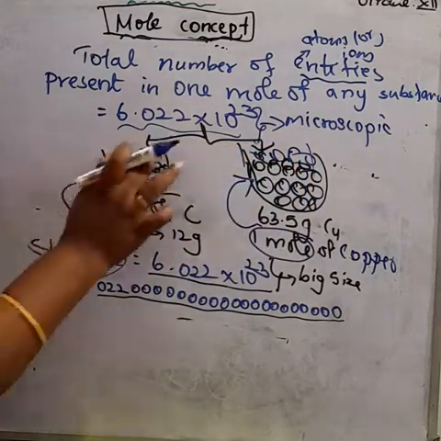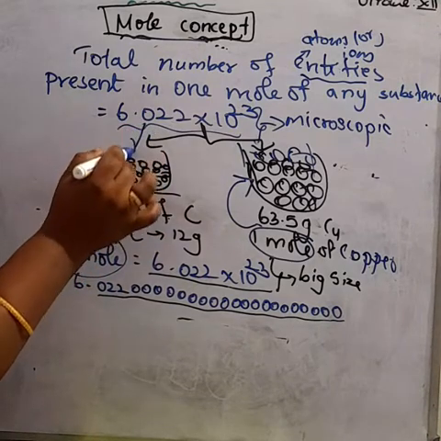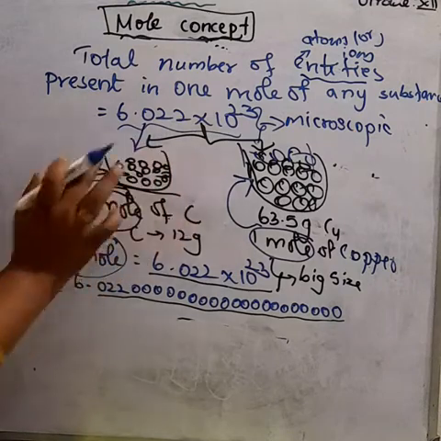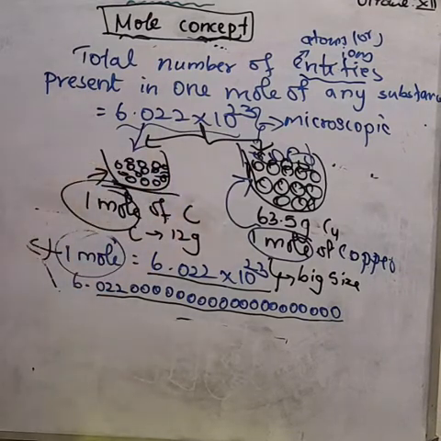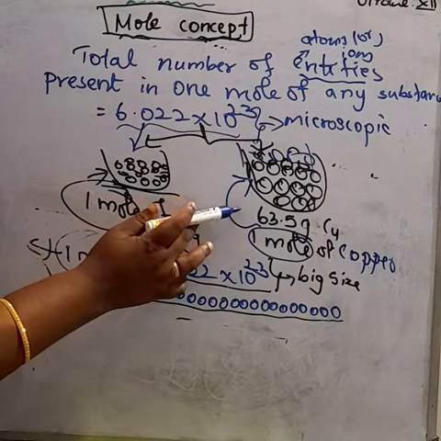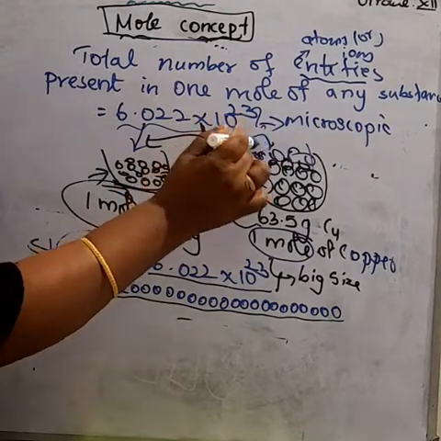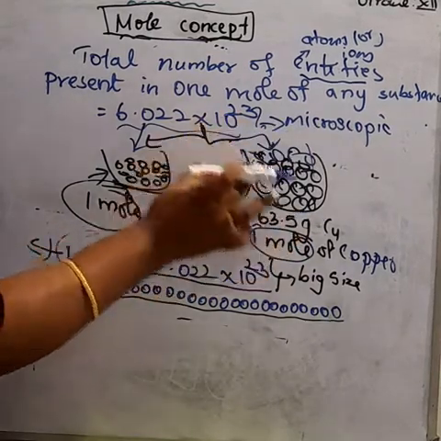Here, the 12 gram of carbon has 6.023 × 10^23 atoms. Like that, for copper, 63.5 gram is 1 mole. Okay, the two are each 1 mole.